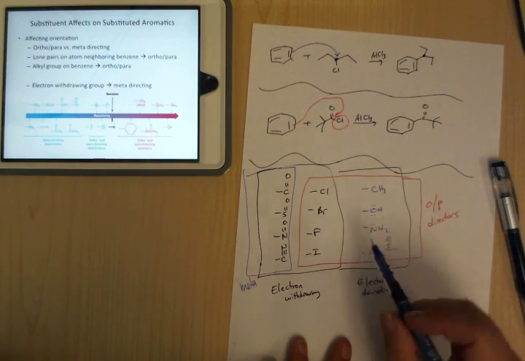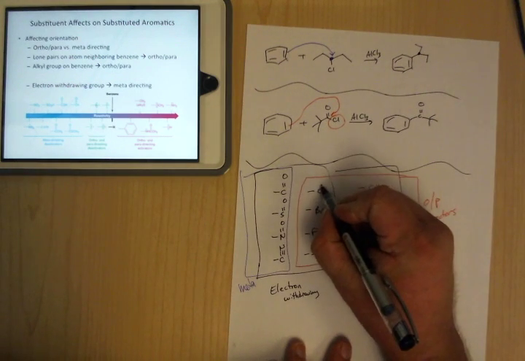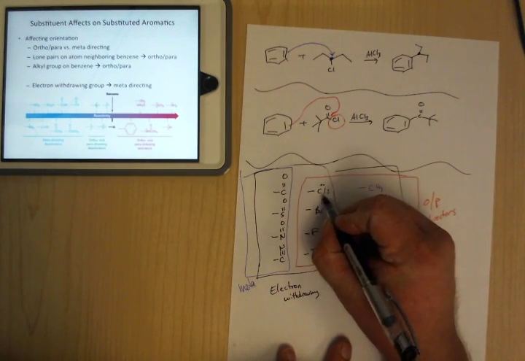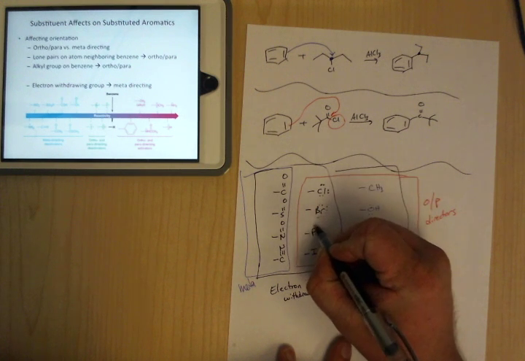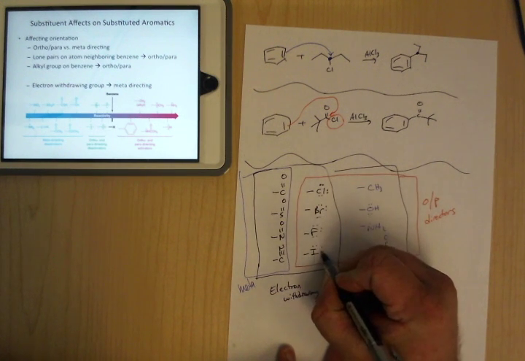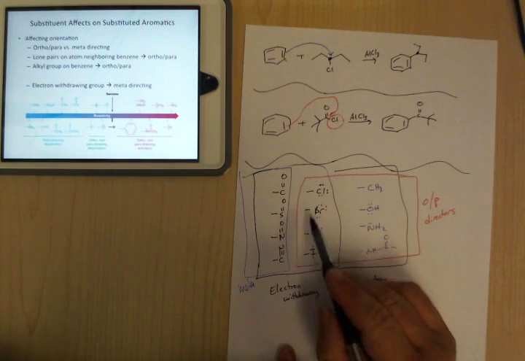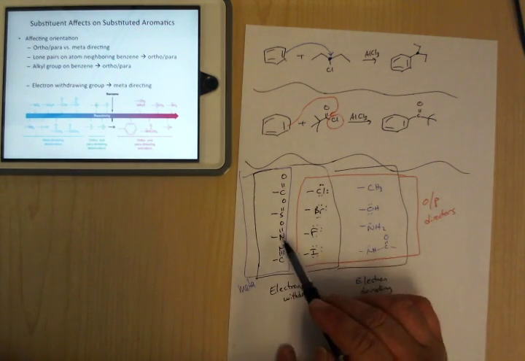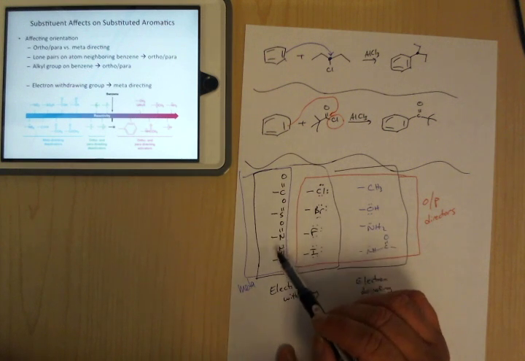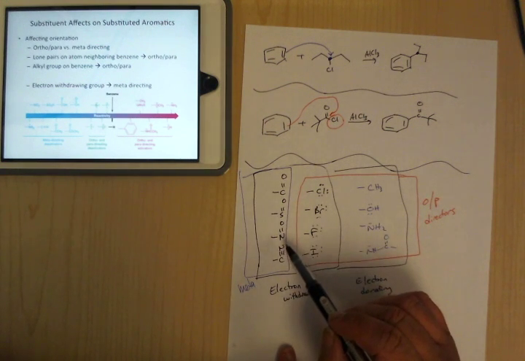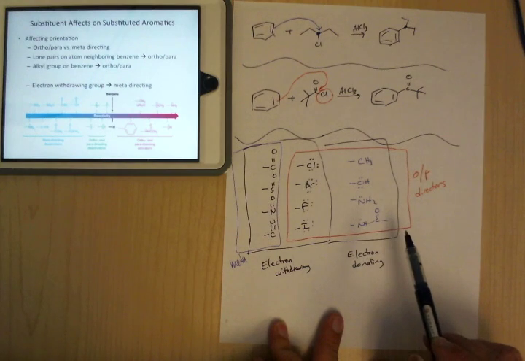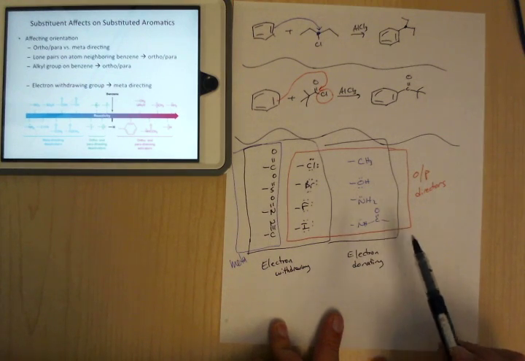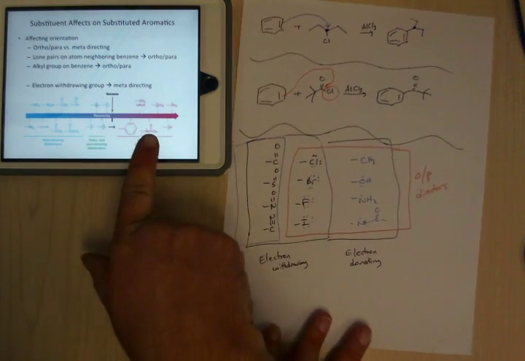Notice the trend: if you have lone pairs right next to that ring, you're going to be ortho-para directing. If you don't, if you have a C double bond O, S double bond O, whatever, then you do meta. That's the trend.